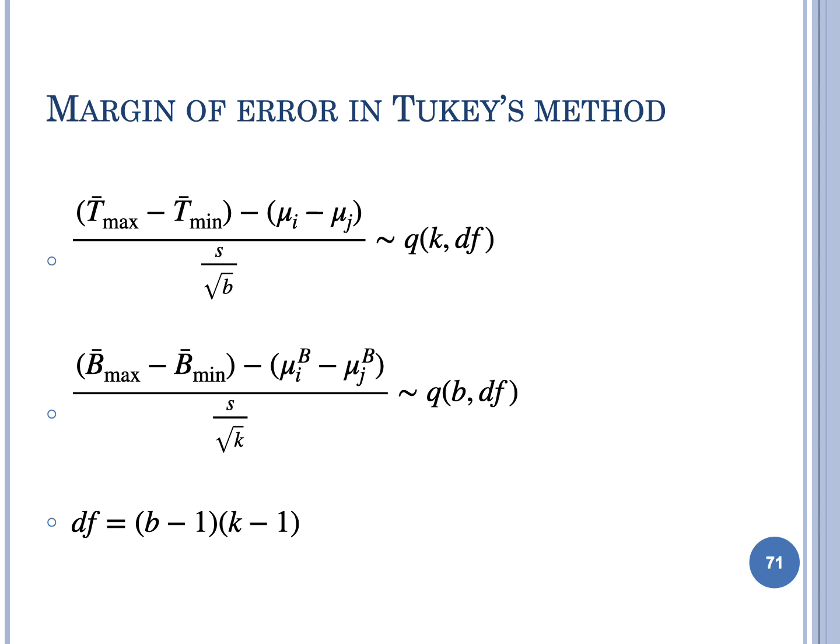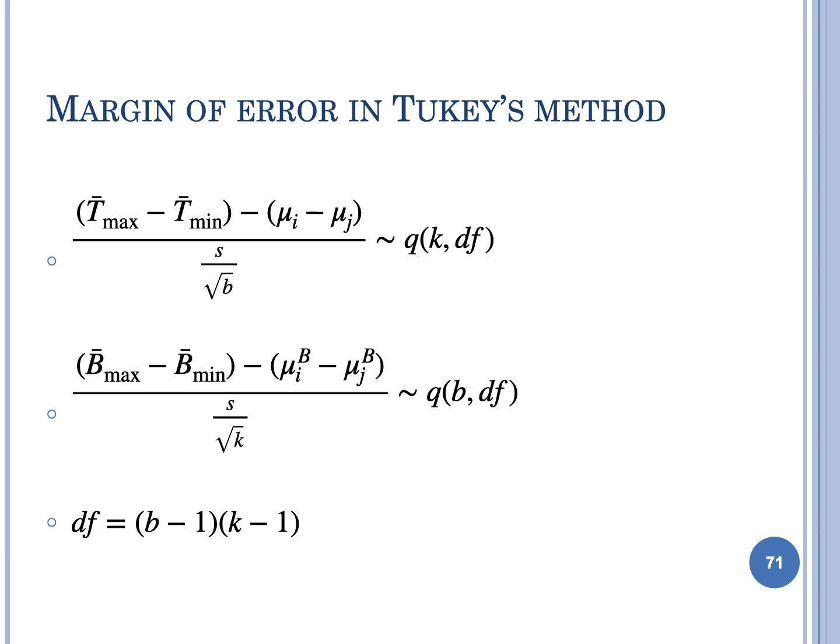The range of the treatment means can be normalized by this formula, where Q denotes the studentized range distribution with 2 degrees of freedom. The first degree of freedom is k, because we have k treatments, and the second degree of freedom is the error degree of freedom, which is b minus 1 times k minus 1.